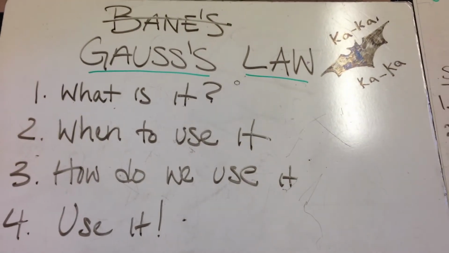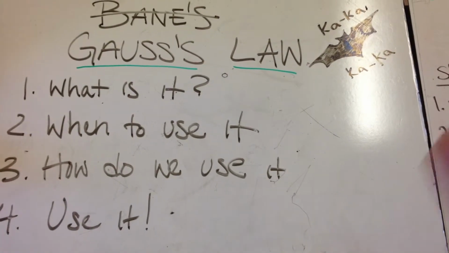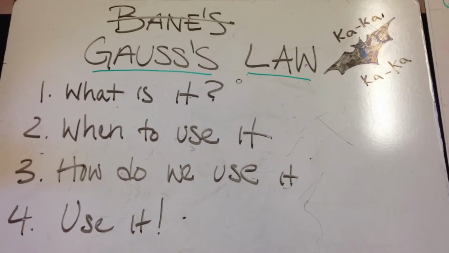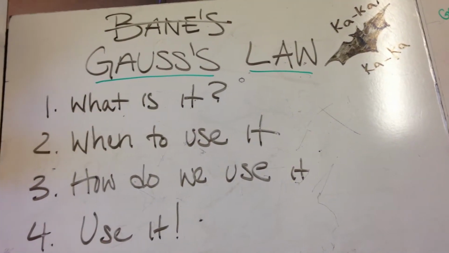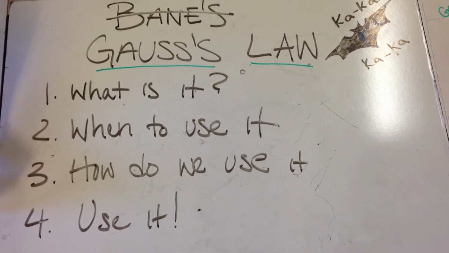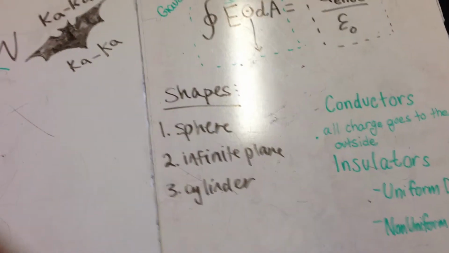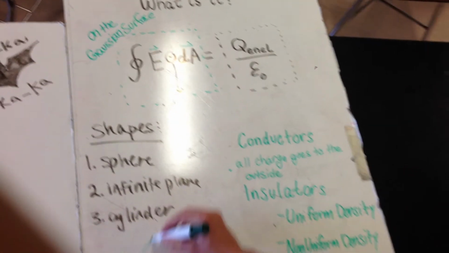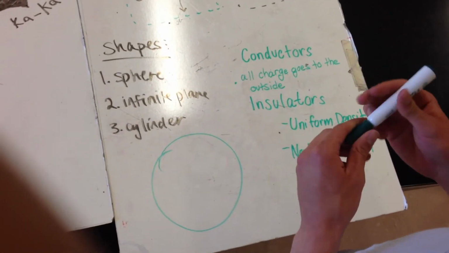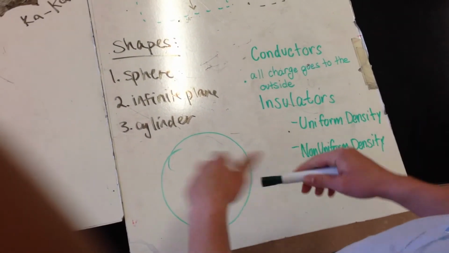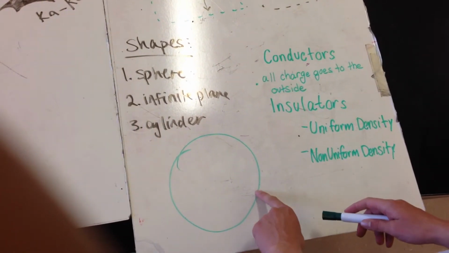You want to use this for situations where you have a wide area and where Coulomb's law would be too complex to use. A Gaussian surface is purely imaginary, and you make the Gaussian surface around the object, along the point where you want to find the electric field.